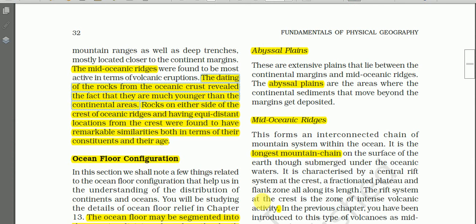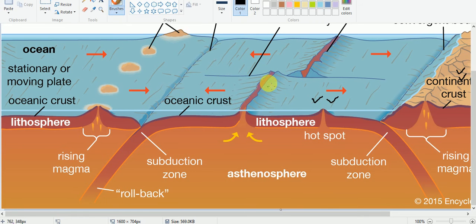Then rocks on either side of the crest of the oceanic ridges, having equidistant locations from the crest, were found to have remarkable similarities both in terms of their constituents and age. See here, this is the mid-oceanic ridge. The rocks found here and the rocks found here have the same distance from the crest.